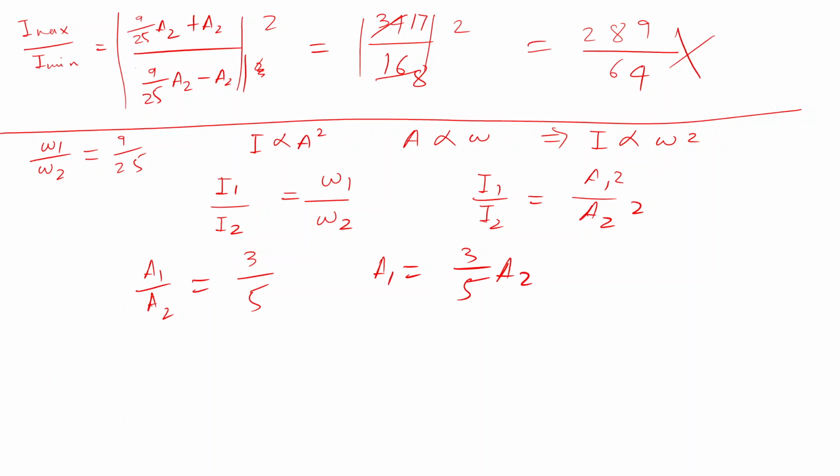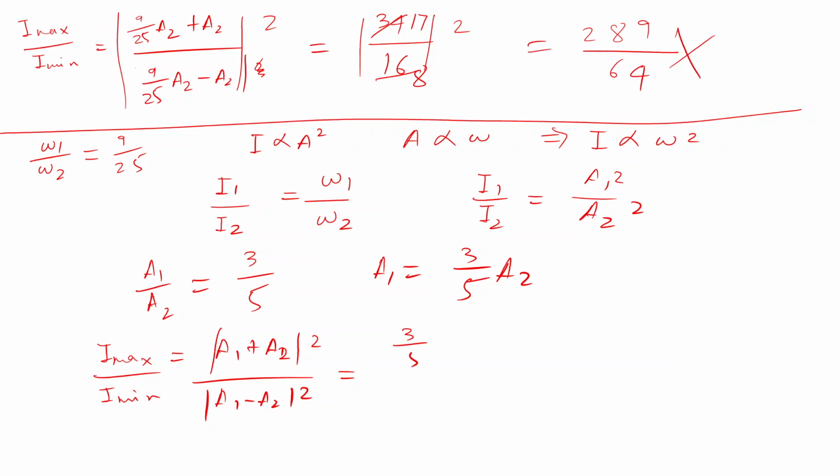If this is the relation, then the maximum intensity to minimum intensity ratio will be A1 plus A2 square divided by A1 minus A2 modulus square, which will give us 3 by 5 plus 1 over 3 by 5 minus 1, and A2 square will cancel.